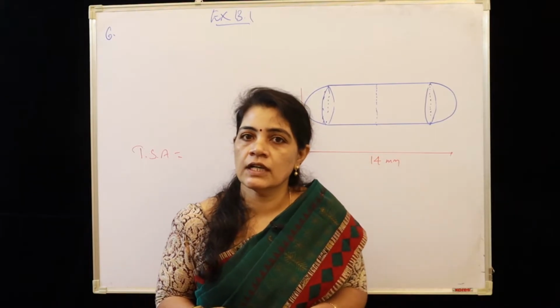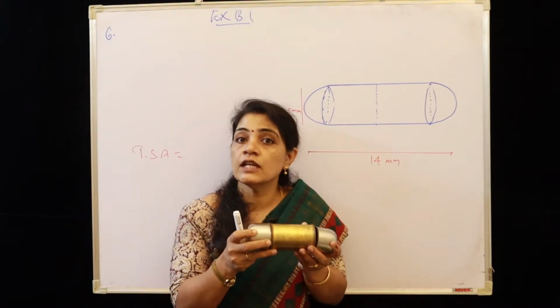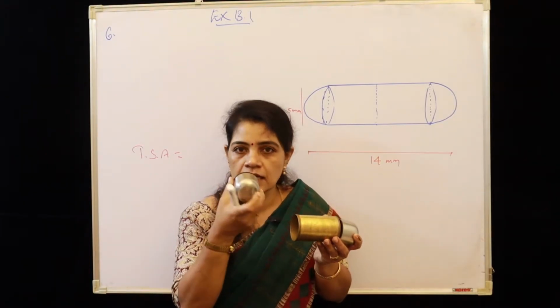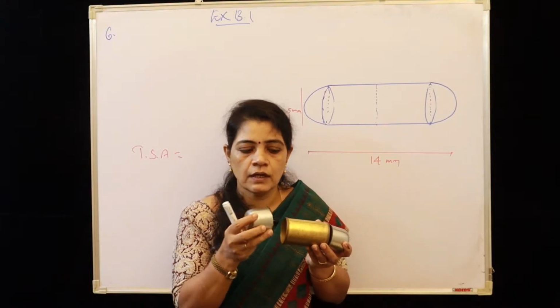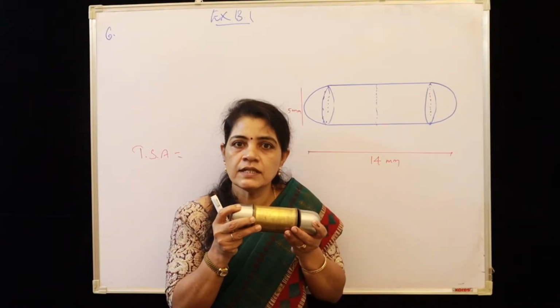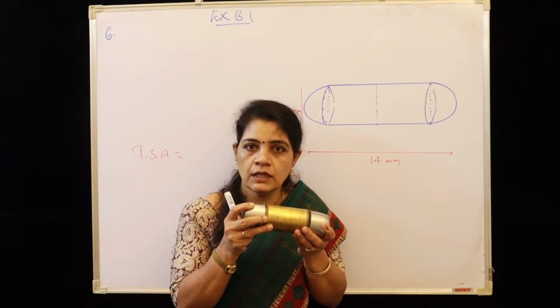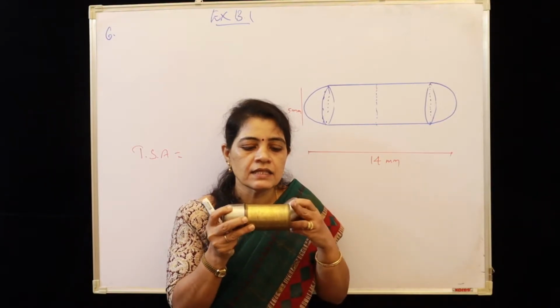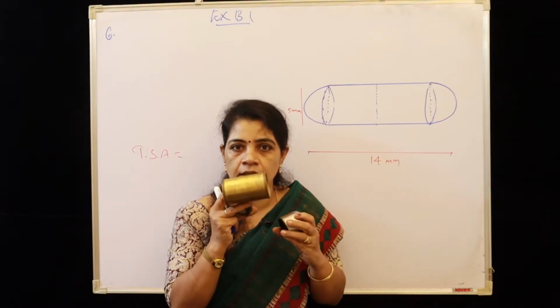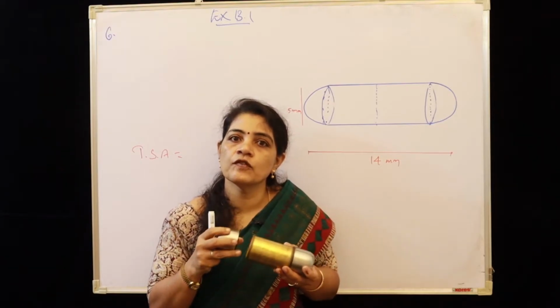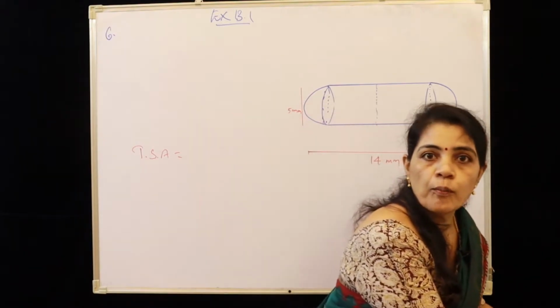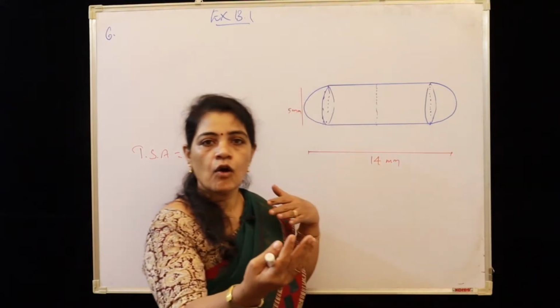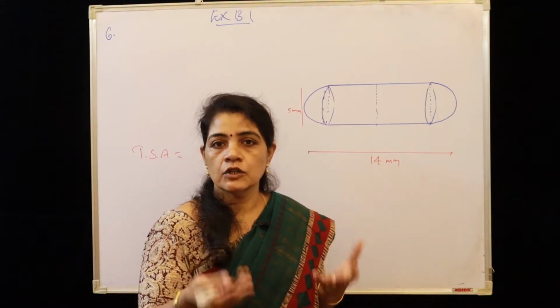Then the total surface area of the capsule is nothing but the CSA of this hemisphere and this hemisphere, that is the CSA of two hemispheres, plus the CSA of the cylinder. CSA of the cylinder is 2 pi r h and CSA of a hemisphere is 2 pi r square.